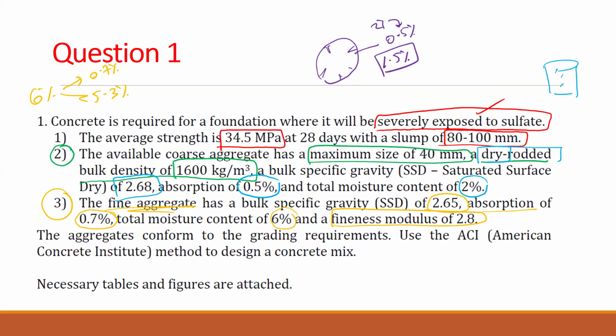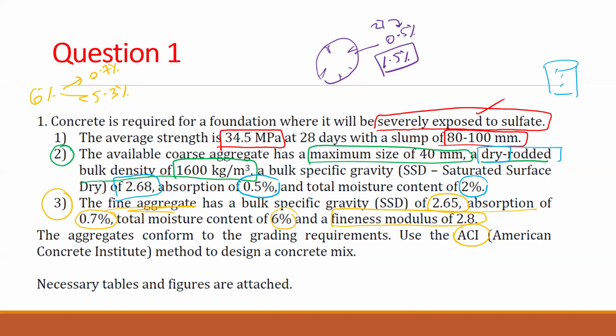The aggregate conforms to the grading requirement; use the ACI method to find the relative proportions. So we need to do the concrete mix design using the ACI method. There are different methods to do the concrete mix design: the American Concrete Institute method, the British method, and there is a rapid method as well.